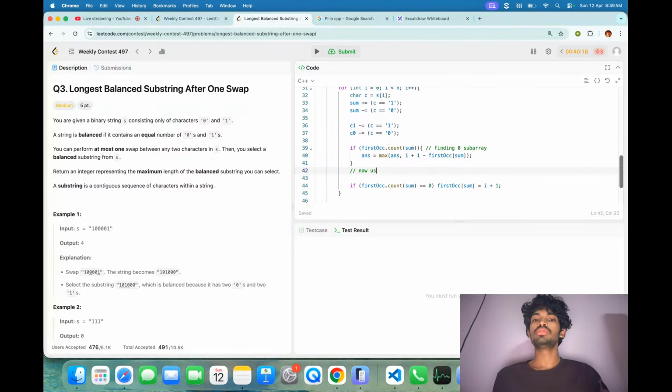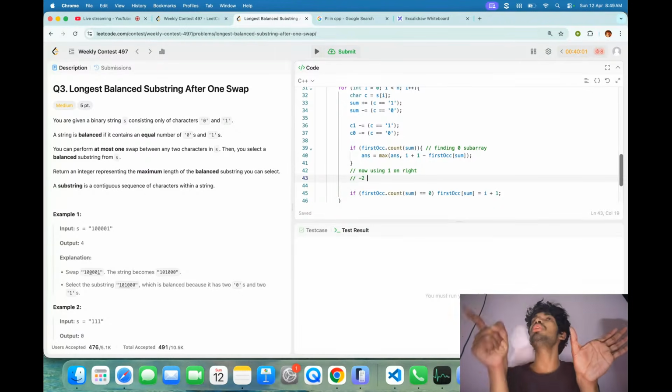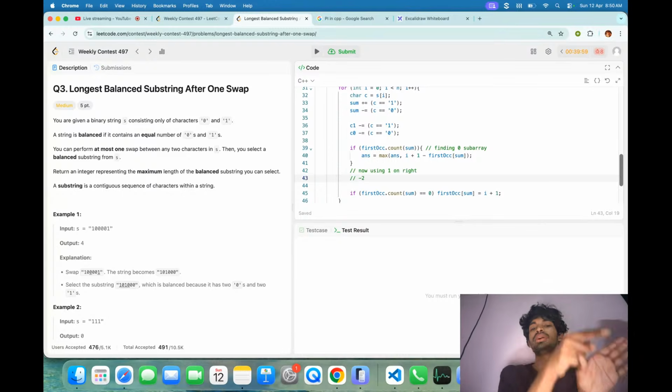Now using one on the right. If you're using one on the right, what is the current sum of this one? Because you want to have two zeros here, it should be minus 2, because then a 0 will go, it will become minus 1, and the 1 will come, it will become 0.